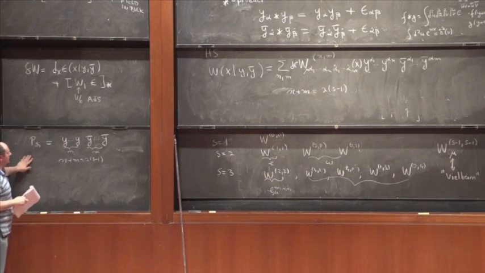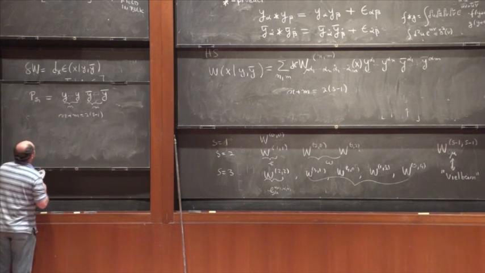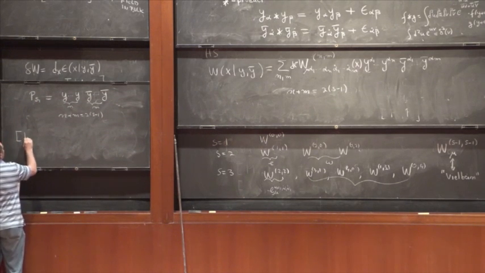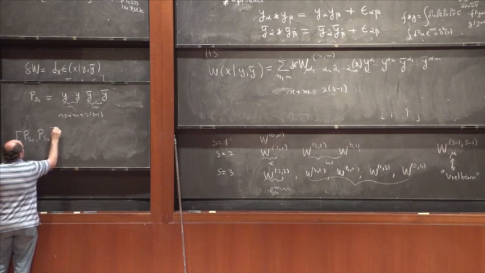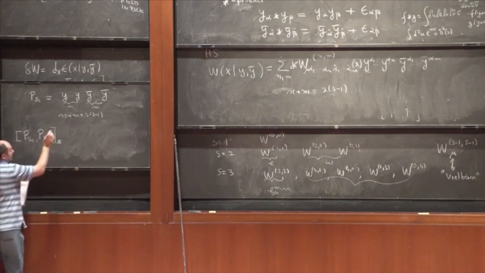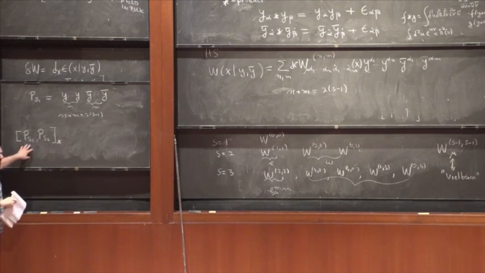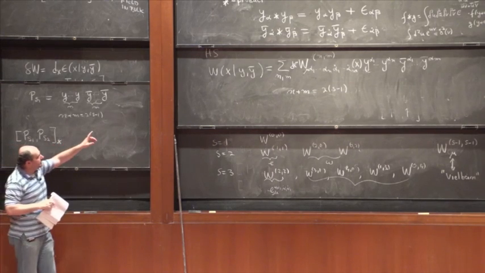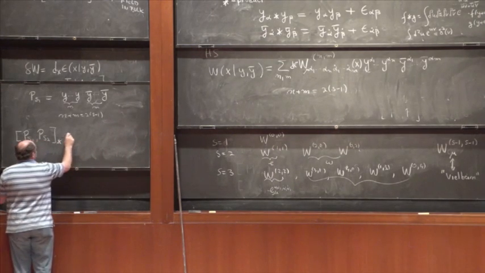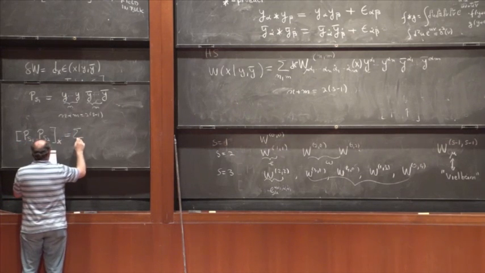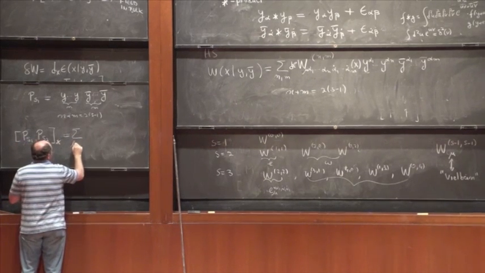So take these generators and try to look at their commutators. Say you take the star commutator of S1 and S2. Then if you use the rule for the star contractions, you find that this is a sum of generators.